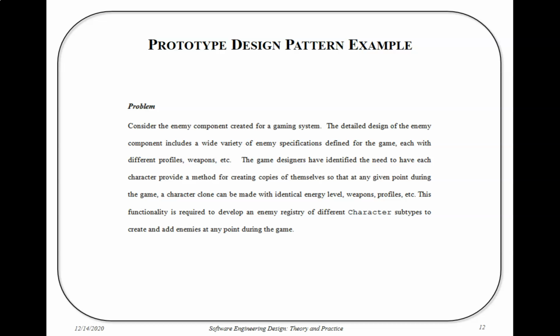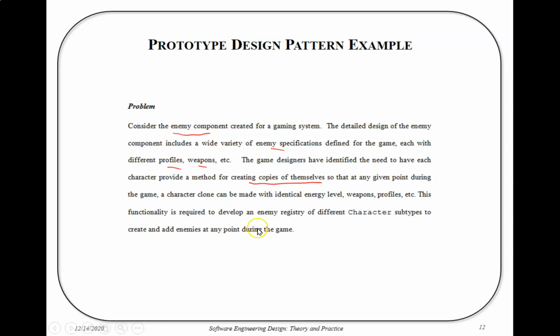That's a fictional example again in computer games. So consider an enemy component for a gaming system. We have an enemy. So the detailed design of the enemy component includes a wide variety of enemy specifications defined for the game. So we have different profiles, weapons, etc. So the game designer has identified the need for each character to provide methods for creating copies of themselves during the game.